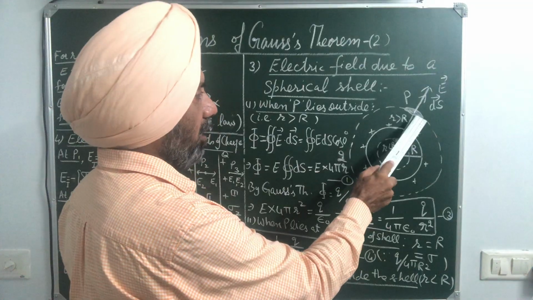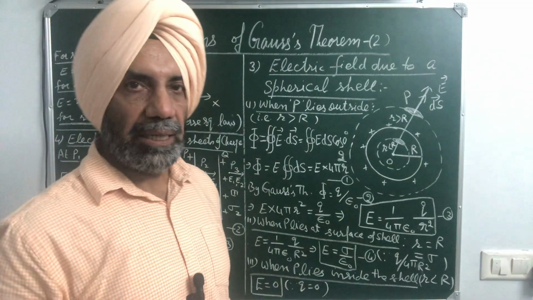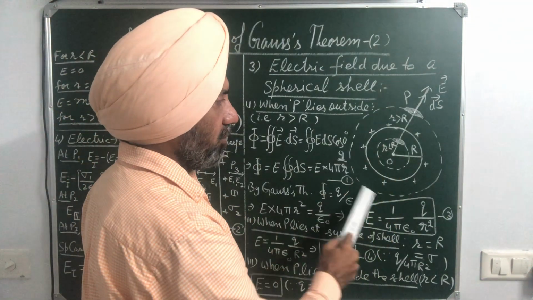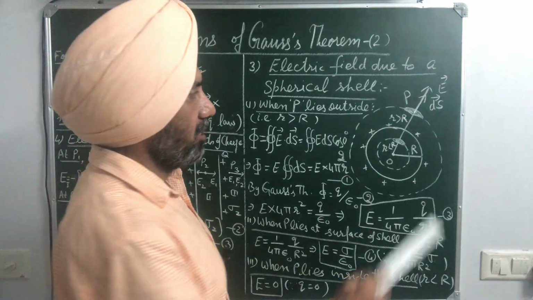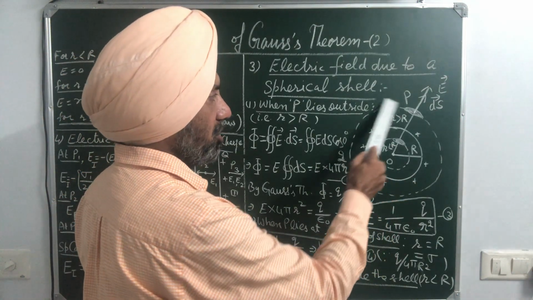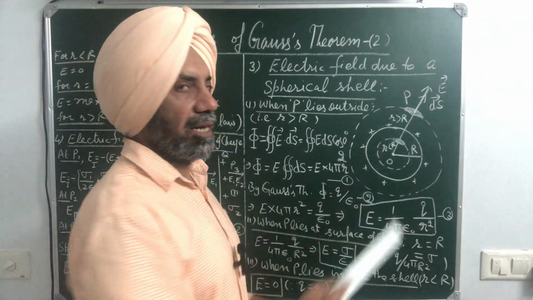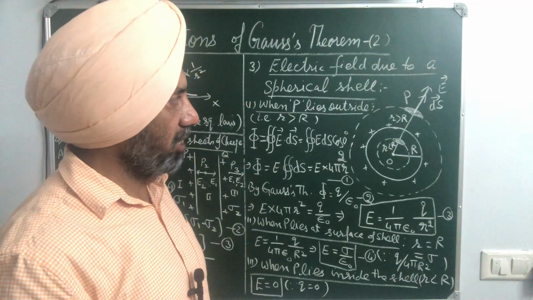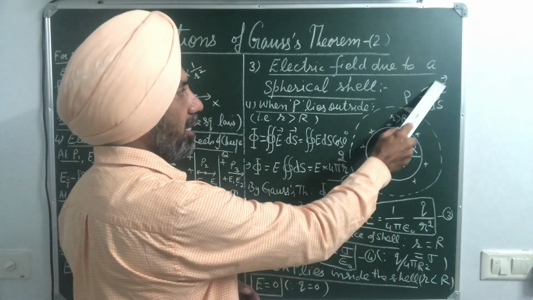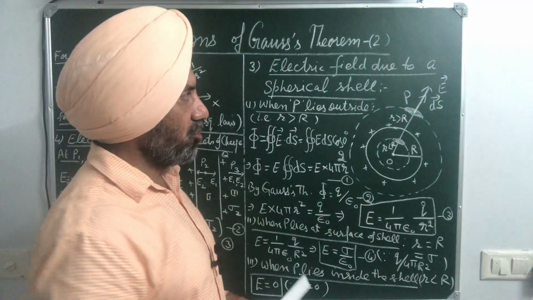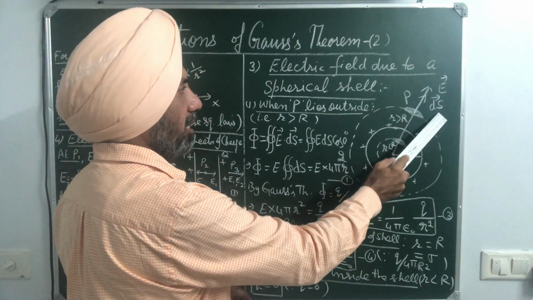So first of all, when point P lies outside the spherical shell, that is, the radius of the Gaussian surface is greater than the radius of the charged spherical shell, then E and ds are parallel to each other, that is, the angle between E and ds is 0.